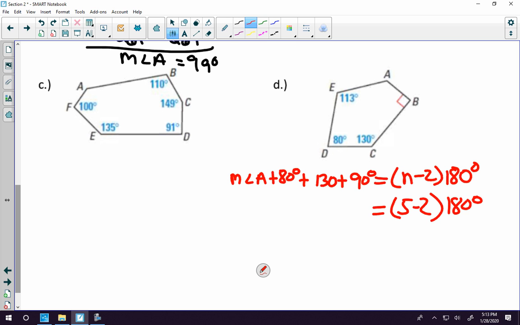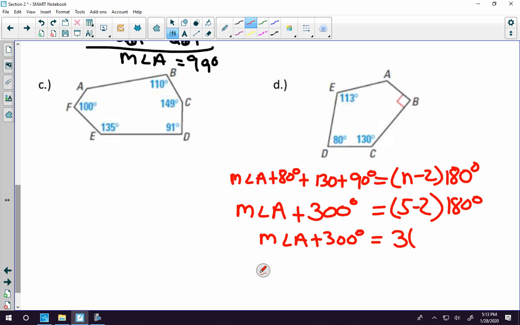On the left side of the equation, combining some like terms, we have the measurement of angle A plus, now we're going to combine 80 with 130 plus 90, so I think that's 300 degrees there. Okay, so we get the measurement of angle A plus 300 degrees is equal to 5 minus 2, which is 3, times 180 degrees.